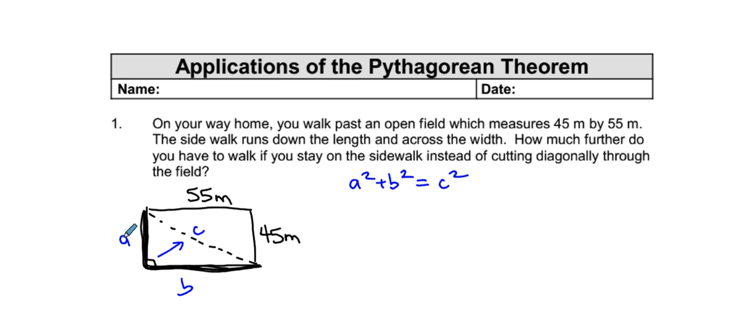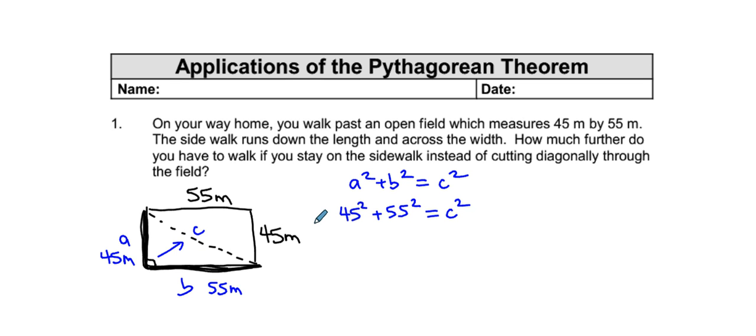Because this is a rectangle, I know that A is 45 meters because it's the same as the side across from it, and B is 55 meters because it's also the same as the side across from it. And I'm looking for the hypotenuse, which is C.